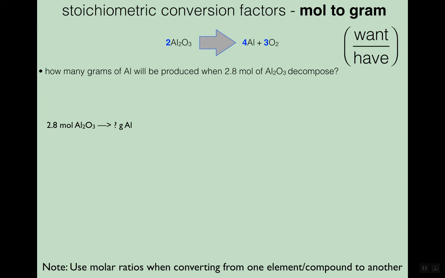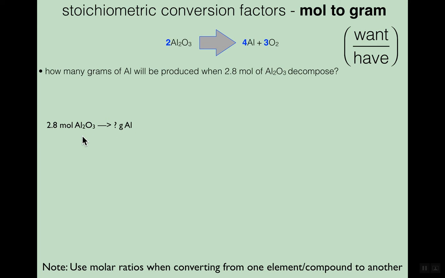They're asking me how many grams of aluminum will be produced when 2.8 moles of aluminum oxide decompose. So there's my 2.8 moles of aluminum oxide, and I'm being asked to go from 2.8 moles of aluminum oxide to how many grams of aluminum.